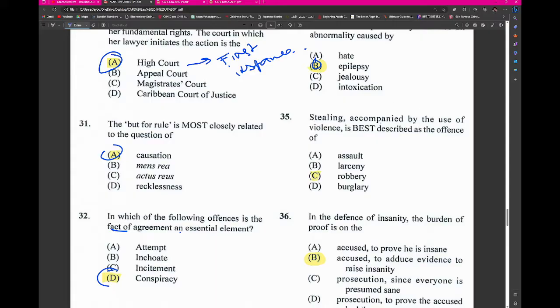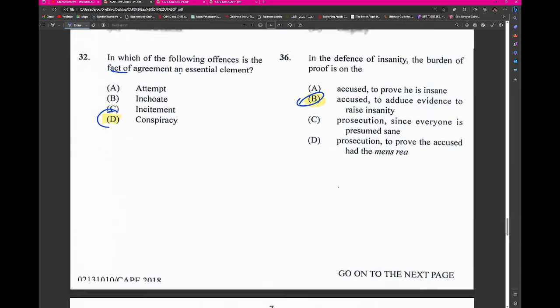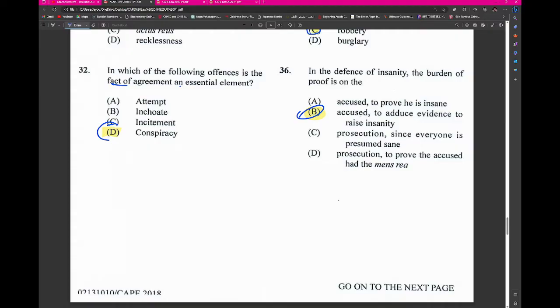Stealing accompanied by the use of violence is best described as the offense of robbery. The defense of insanity: the burden of proof is on the accused to adduce evidence to raise insanity.